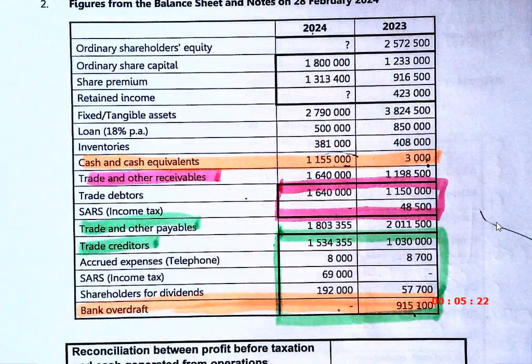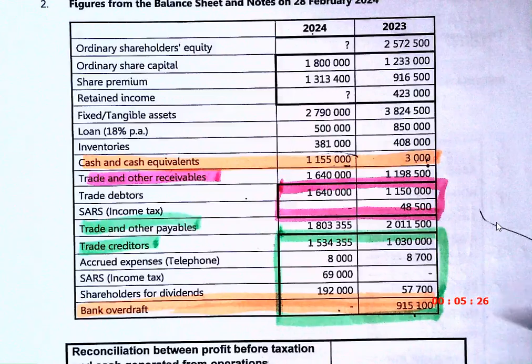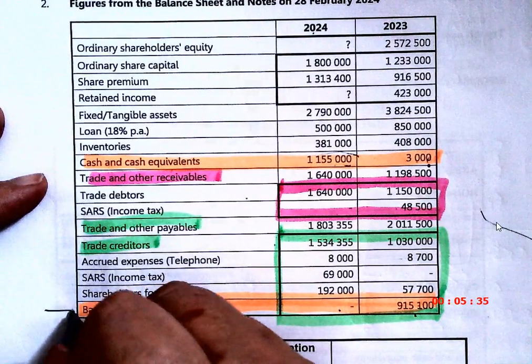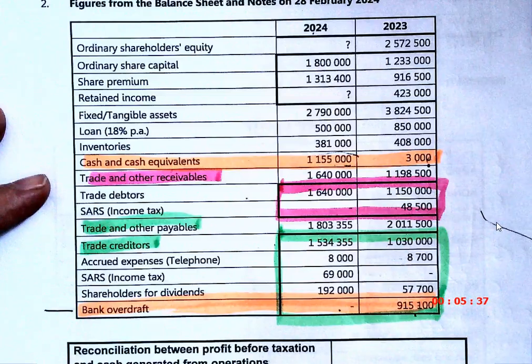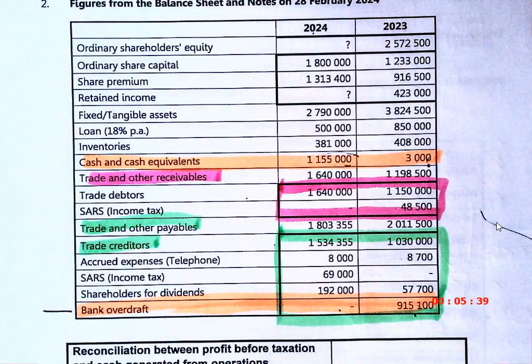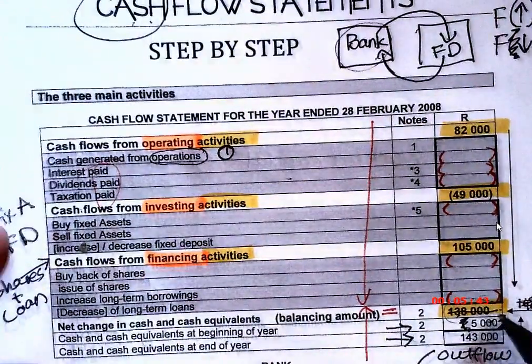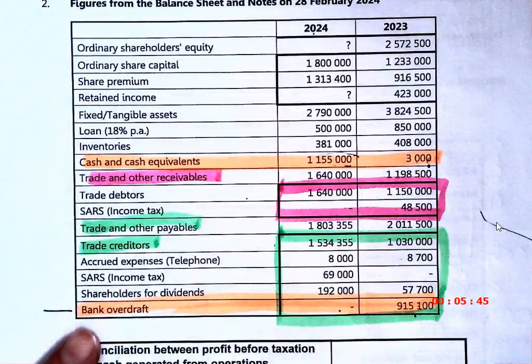Okay. Now, you are not allowed to just use those totals. Why? Because you can't use bank overdraft. Bank overdraft, no, we must use at the bottom of the cash flow. So you ignore bank overdraft.